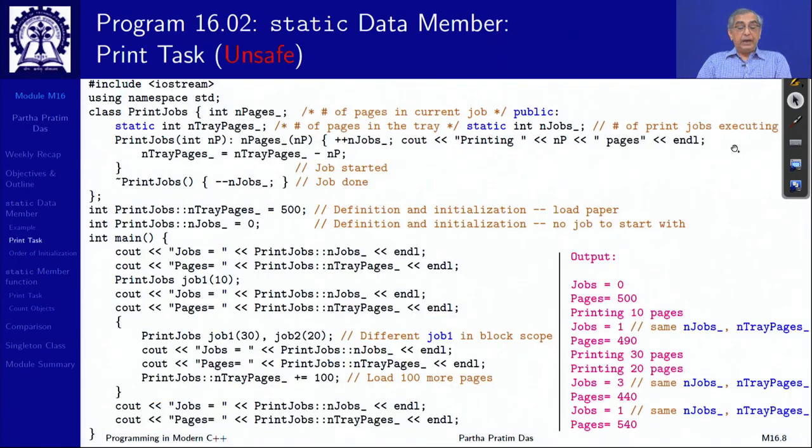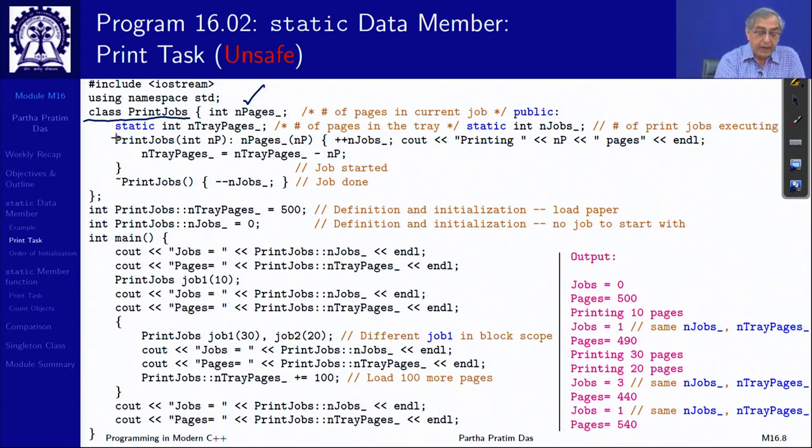So, with this let us go on to the print task that I just described. I model a print job. What is a print job? A print job will print something. So, it has a number of pages which is a non-static member.